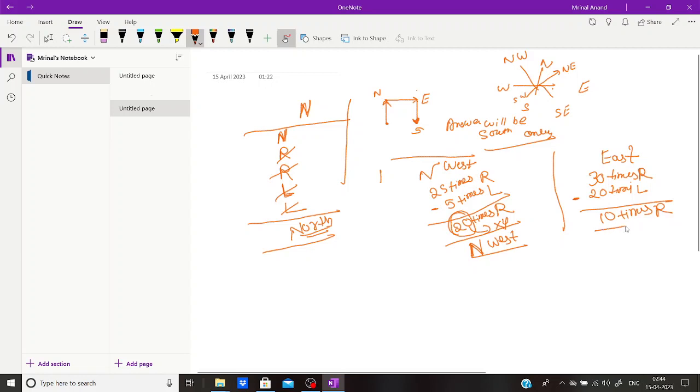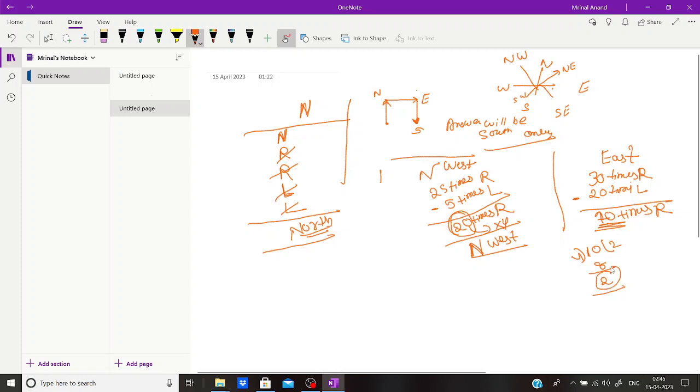But this 10 is not a multiple of 4. So in this condition, you have to divide this 10 by 4, and the remainder you will get is 2.